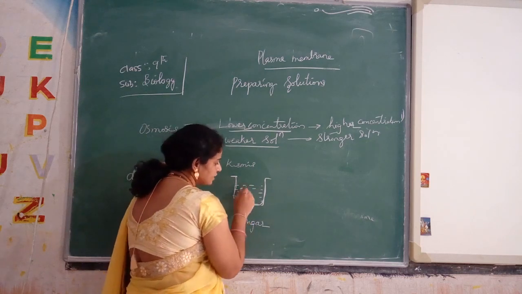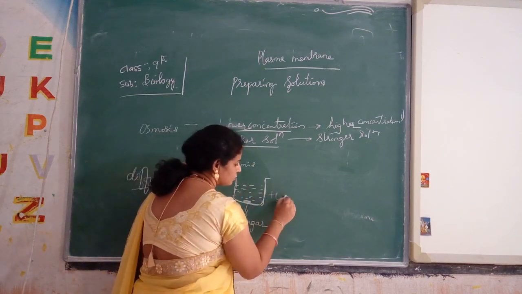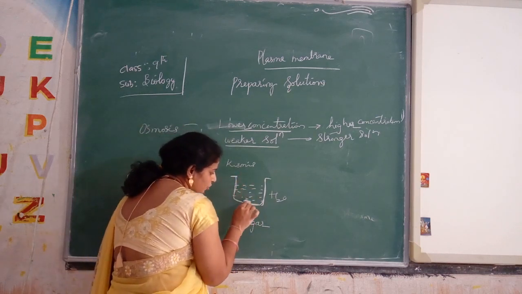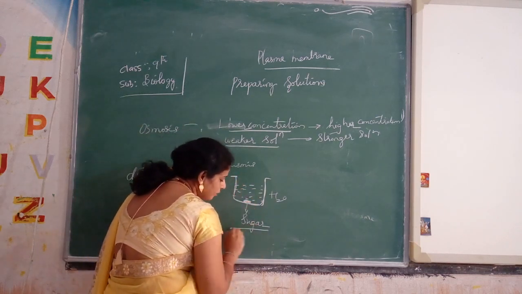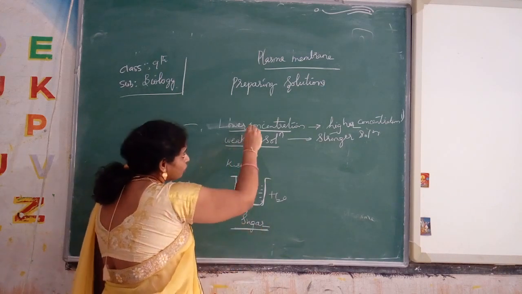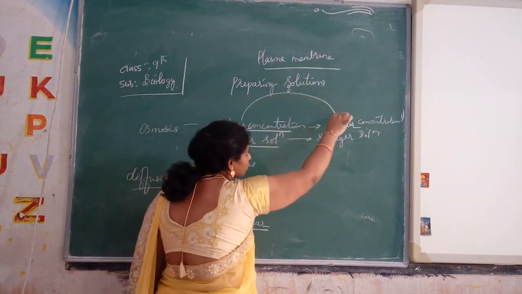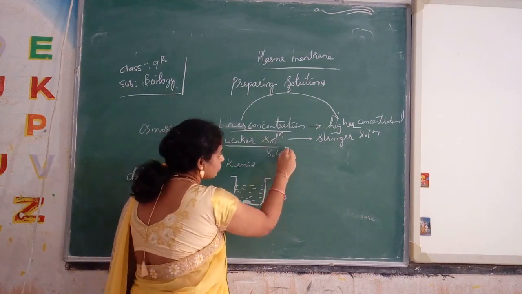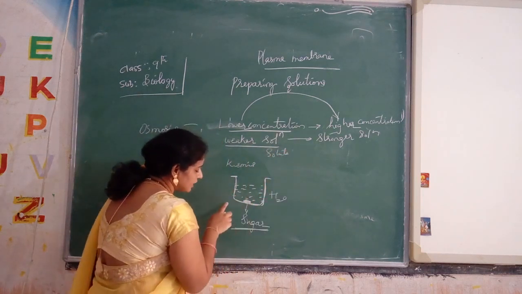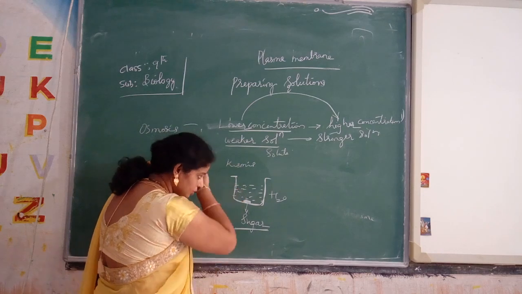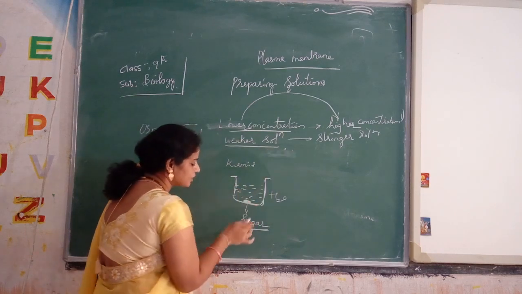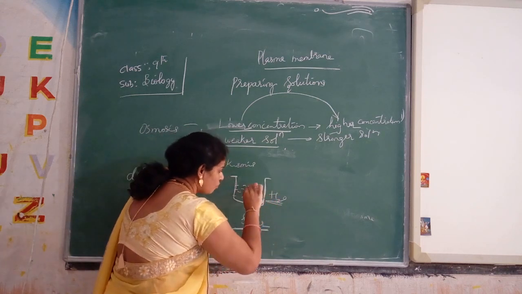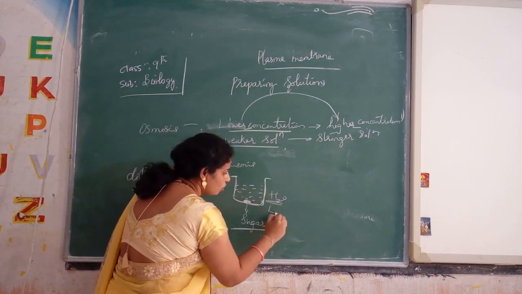What is this water containing? Nothing, it is not having anything. The kismis contains sugar, which means always from the lower concentration it moves into the higher concentration of solute. Lower concentration to higher concentration means, see here, we have taken the water with the lower concentration.